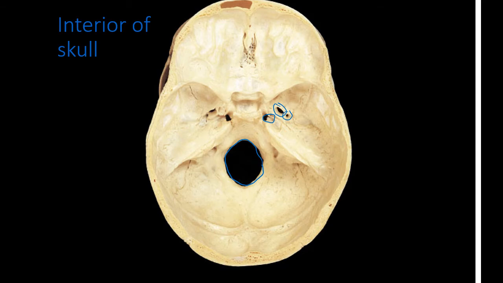Some things become a little bit more difficult just because of the placement that they are in inside the skull and the way that the picture has been taken. So things aren't exactly tilted the way that they should be in order to see them the best on this particular picture. The jugular foramen is actually part of that shadow that is there. The internal acoustic meatus is that opening there, and that can be seen on either side.